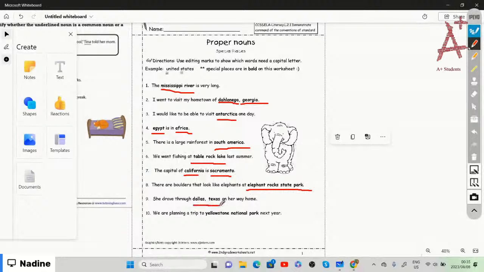These two words are capitalized, right? Let's say at least the first letters of those words need to be capitalized. And then we are planning a trip to Yellowstone National Park next year, right? So Yellowstone National Park needs to be capitalized because it is a national park that they are making mention of.